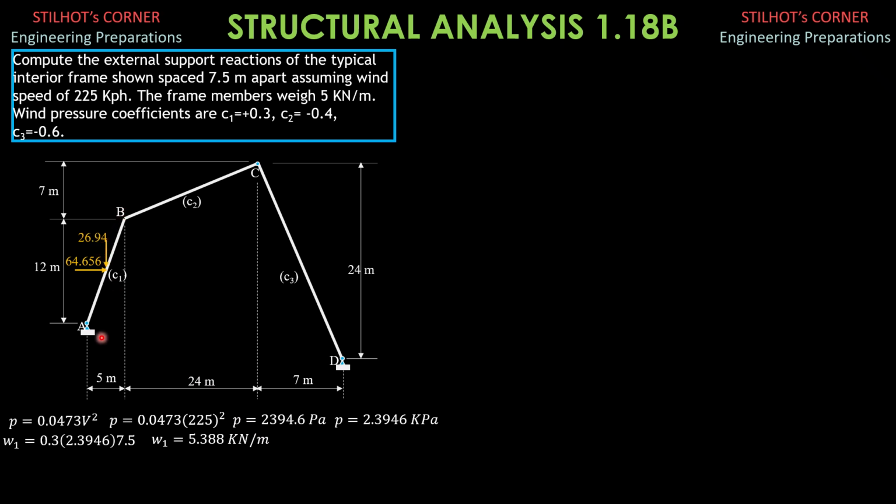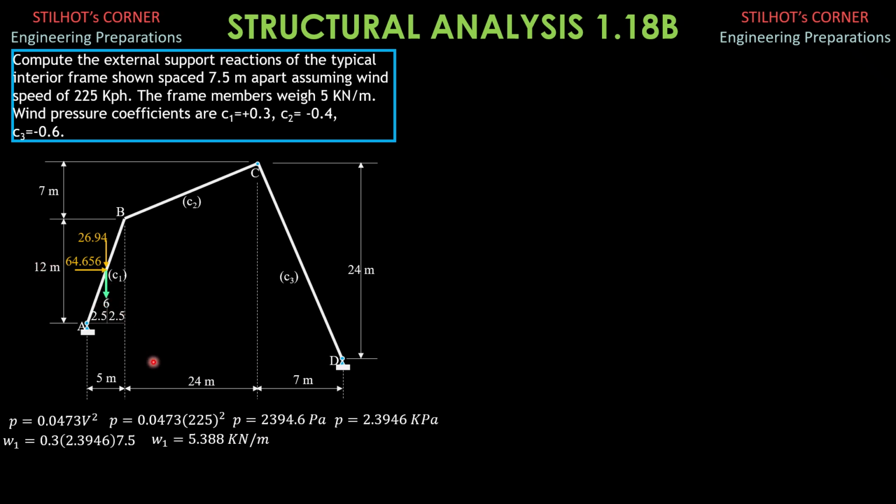The weight of this member AB, the length is square root of 5 squared plus 12 squared, so 13. So it is 5 times 13, so 65 kilonewtons downward as shown. By the way, the location of these forces would be half of 5, 2.5, 2.5, and vertically from A, half of 12, 6 meters.